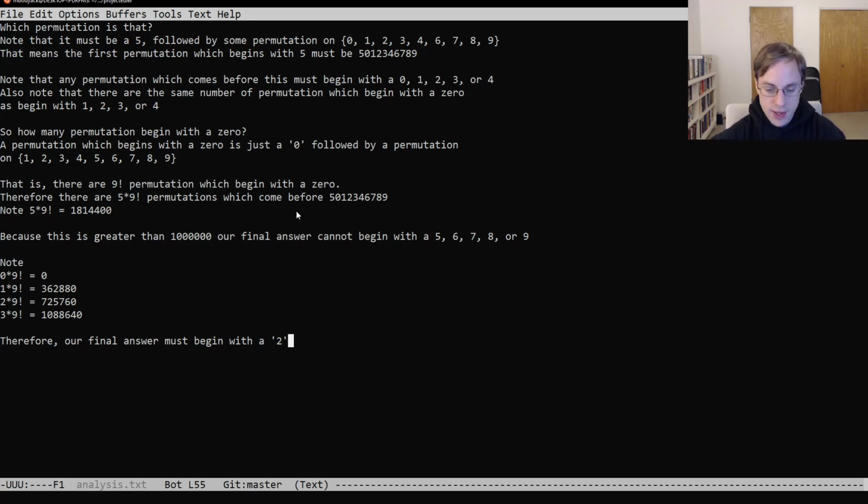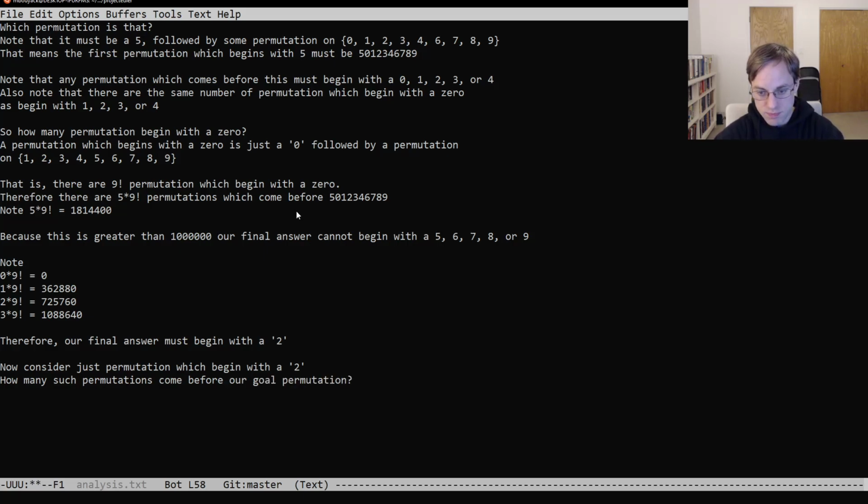Okay, so now how do we consider the permutations which begin with a 2? We'll say, now consider just permutations which begin with a 2. How many such permutations come before our goal permutation?